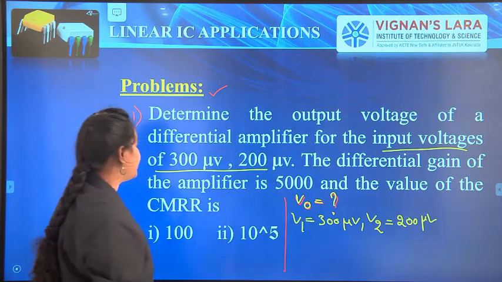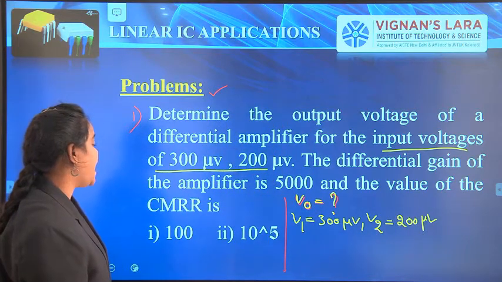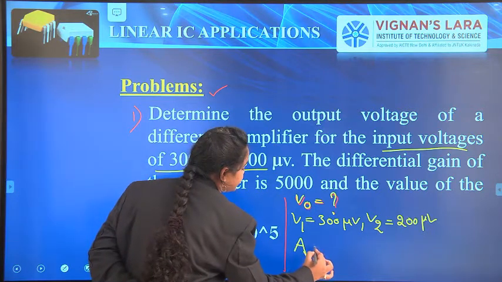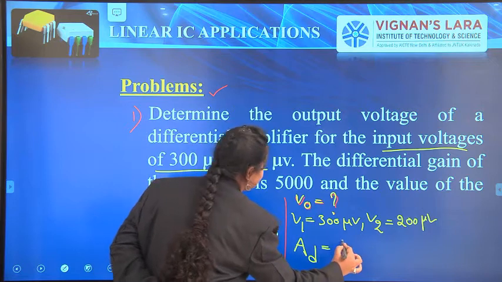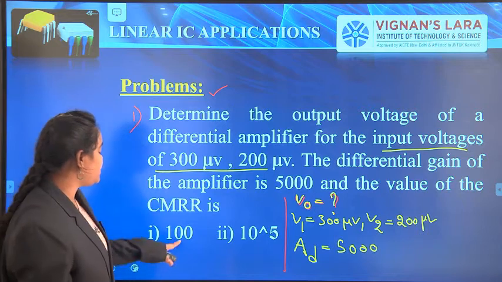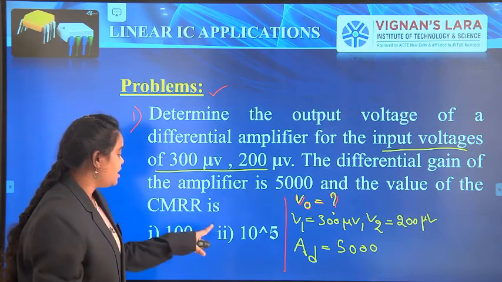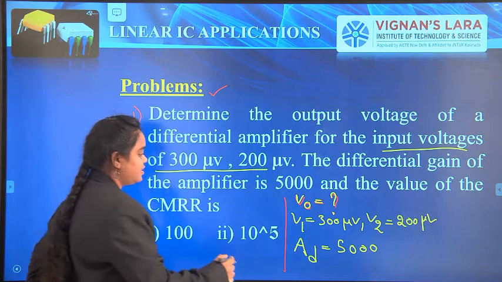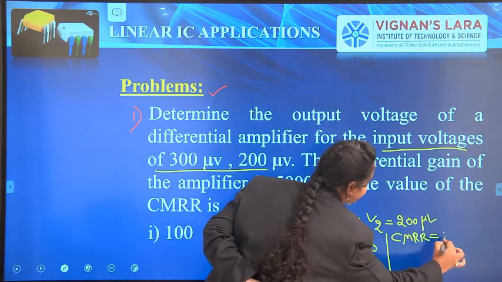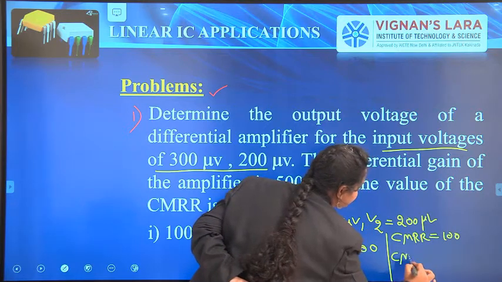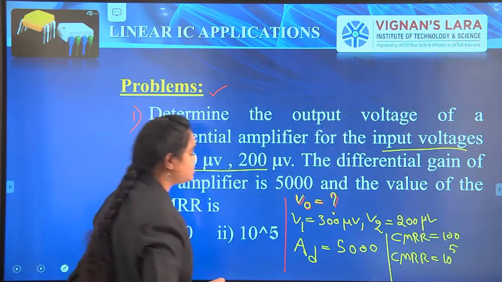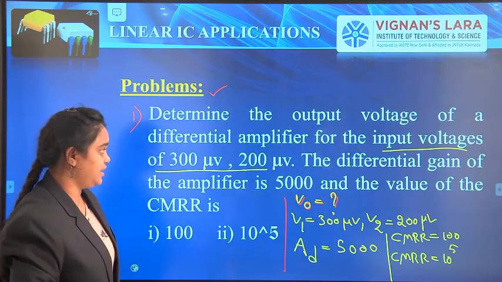The differential gain of the amplifier is 5000. Differential gain is represented as AD, so AD equals 5000. The value of the CMRR, one value is 100 and the second value is 10 power 5. We are going to solve for the output voltage of the differential amplifier.